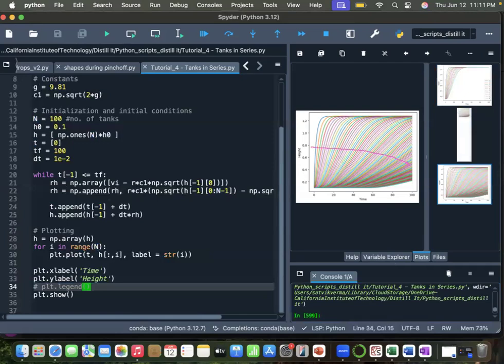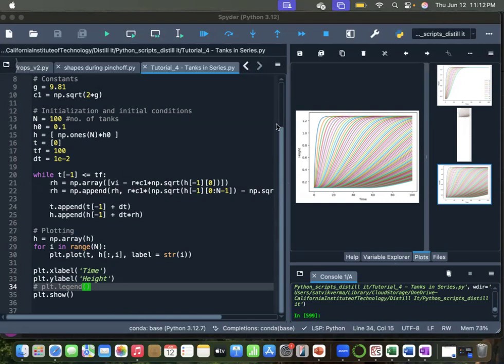So for example, the last tank has probably started to increase its height at some time around 60 seconds, right? So as you increase more and more tanks, the time at which the last tank begins to react changes drastically. So that's something that is good to know from this particular problem.